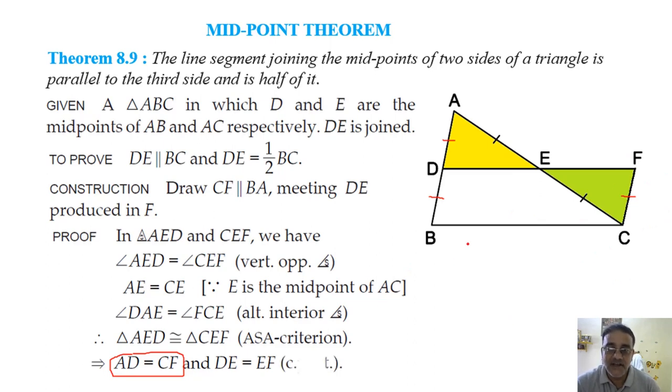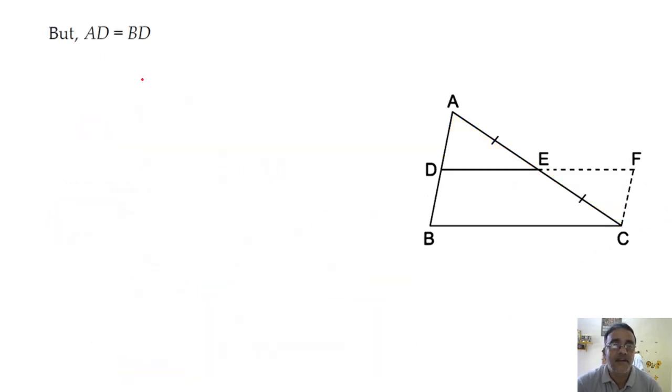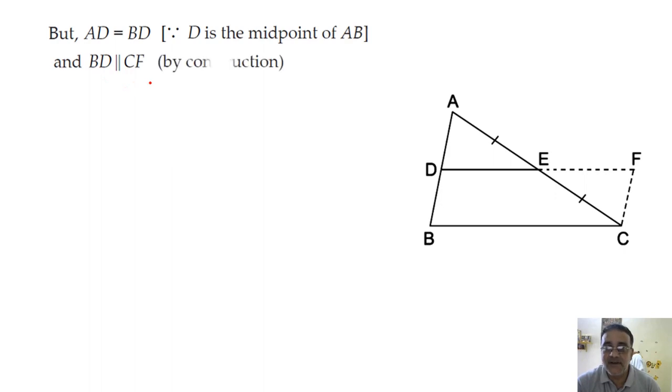So next slide में देखो, AD is equals to BD because D is the midpoint of AB, and BD is parallel to CF by construction. So BD is equals to CF and BD is parallel to CF. अभी मैंने बताया था AD और DB दोनों इक्वल हैं और AD is equals to CF हम लोग इक्वल प्रूफ कर चुके हैं. So that is why BD is equals to CF हो जाएगा.